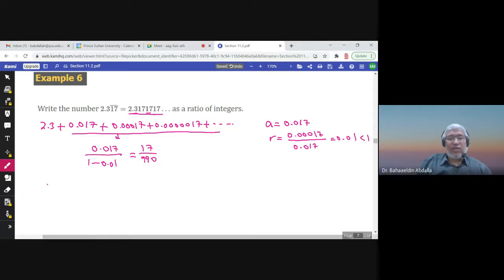So in fact, 2.317 repeated is equal to 2.3, which can be written as 23 over 10, plus 17 over 990. And if you add these two, you can write this number as an integer over an integer, and you can prove that it is really a rational number.